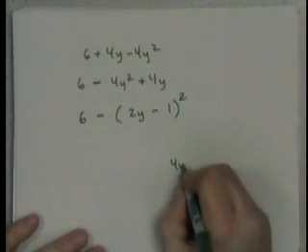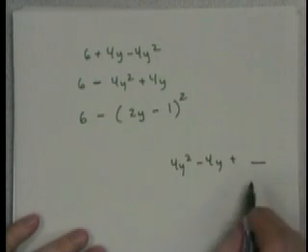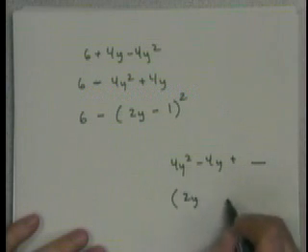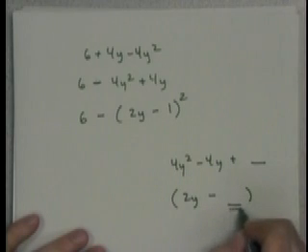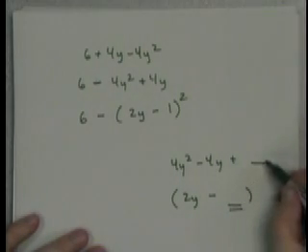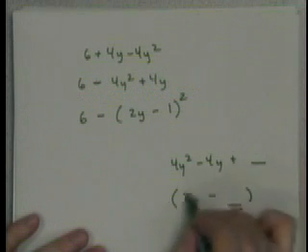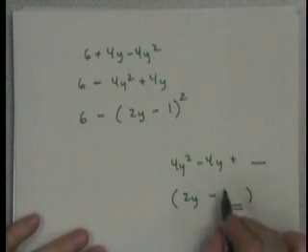If I have something like 4y squared minus 4y plus what is going to be a perfect square, this part has to be 2y, and then the sign has to match the middle term. Whatever you put here, when you square it, is what goes there. And it has to match so that when I take twice the cross product, I get that 4 in there.